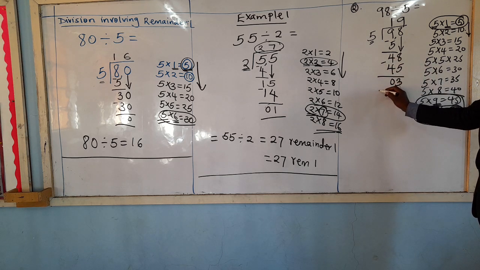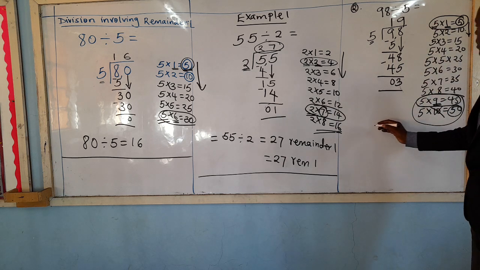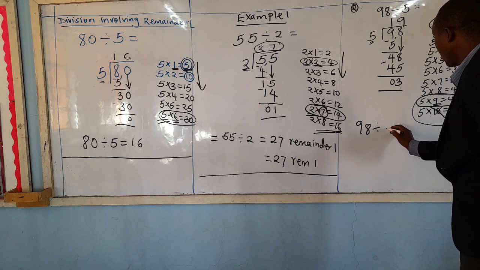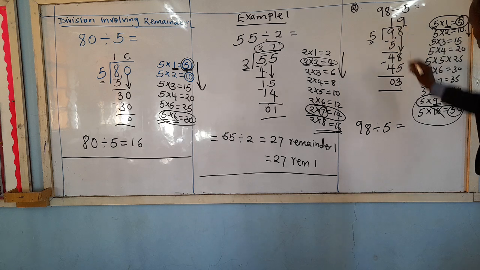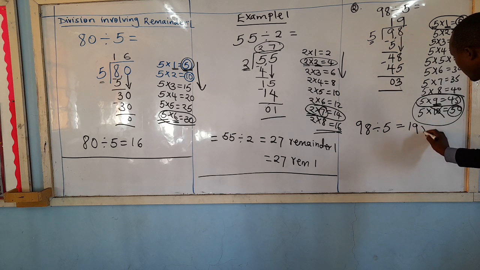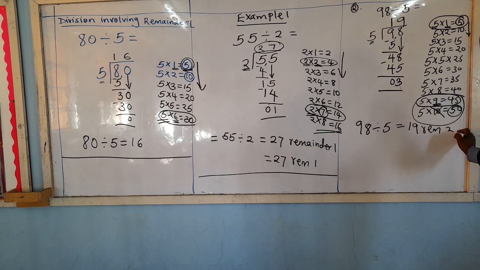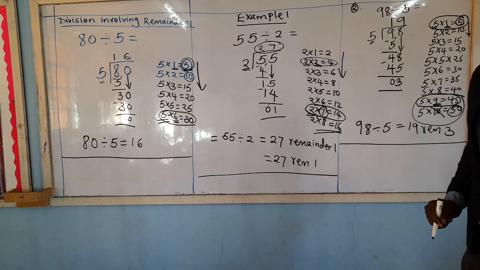And now we have no digit to drop down. So we'll say that 98 divided by 5 is equal to the quotient, which is 19, remainder, whatever remained down here, which is 3. And that one will be our answer.